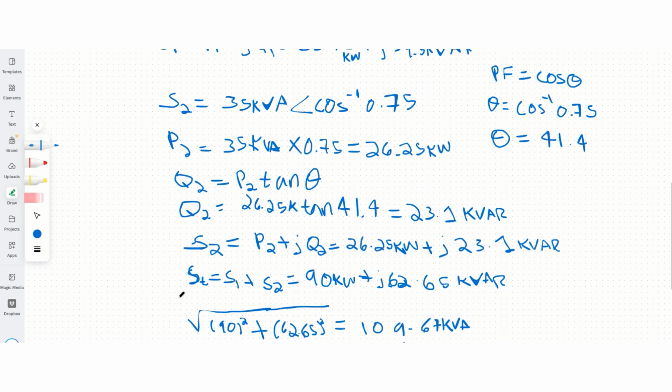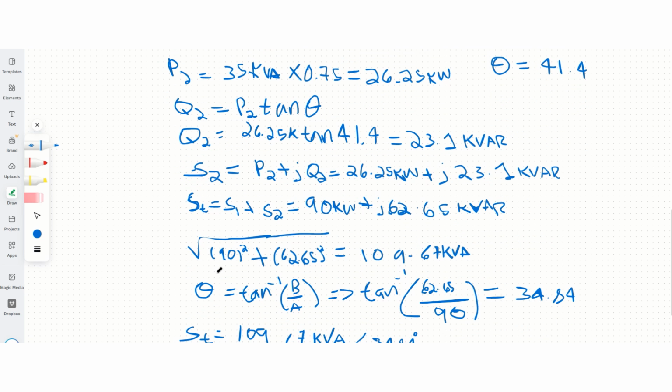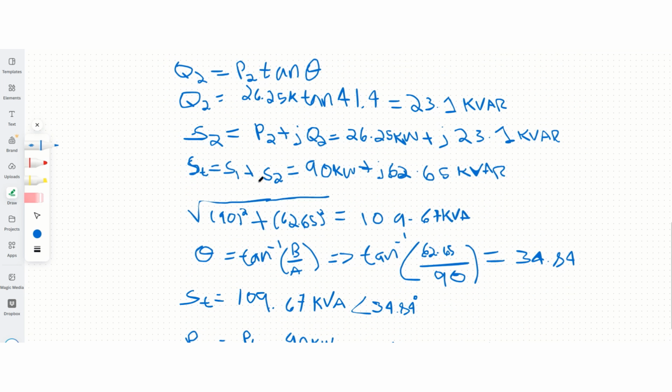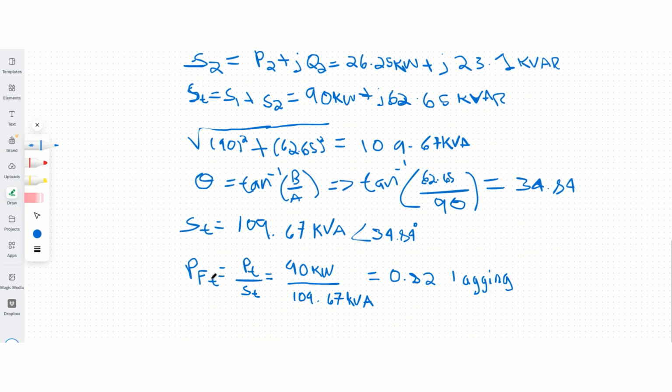From there we were able to total it out, and from the rectangular form we converted to the polar form. We found the total apparent power, and then we found the total power factor by using the formulas from the power triangle and trigonometry.